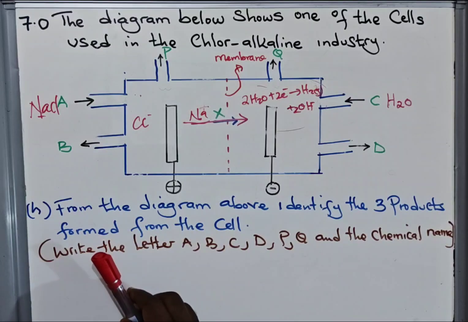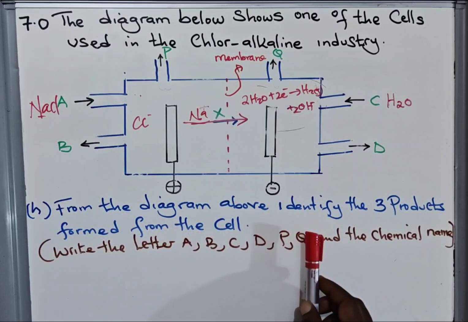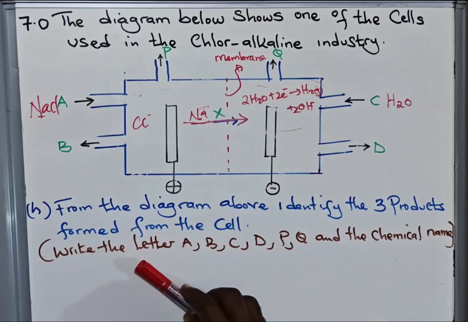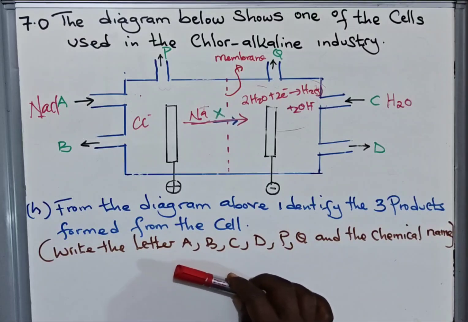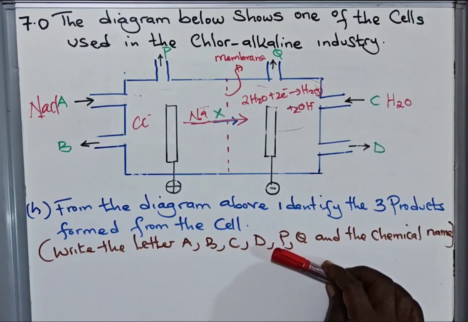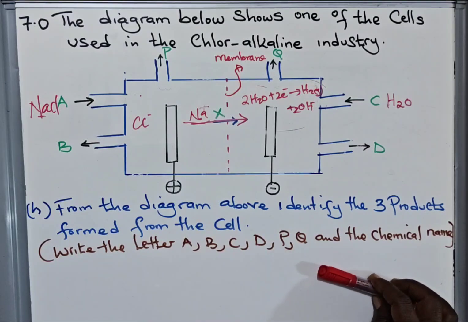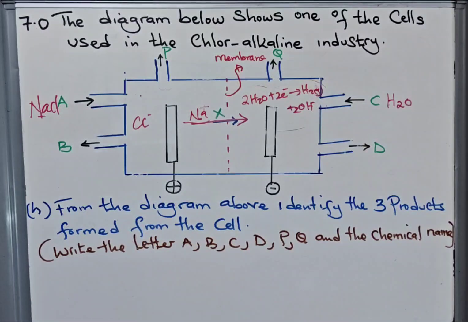Yeah, then we come to this question. It says that from the diagram above, identify the 3 products formed from the cell. They say write the letter A, B, C, D, P, Q, and the chemical name. So which of all these are products?